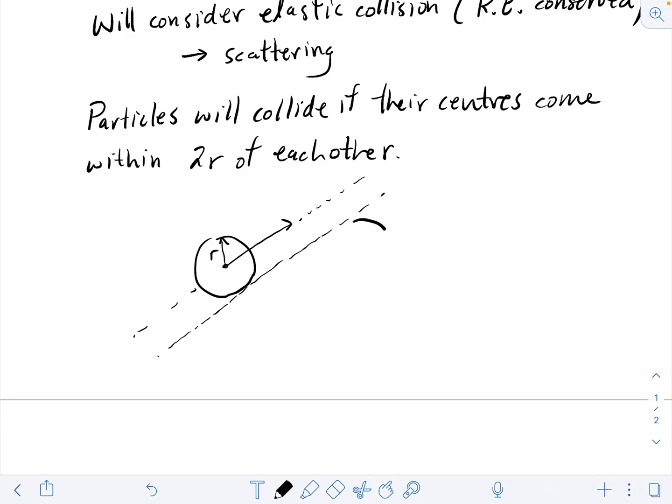And then there's another particle over here. Here's its center, and here's r. And so the distance from here to here is 2r.